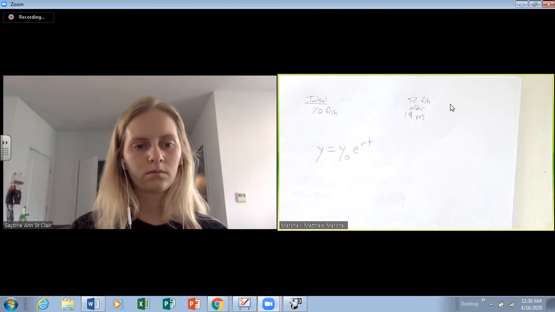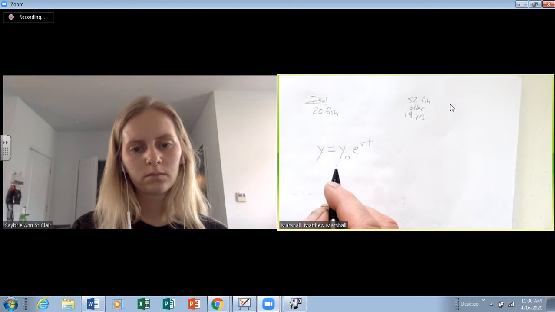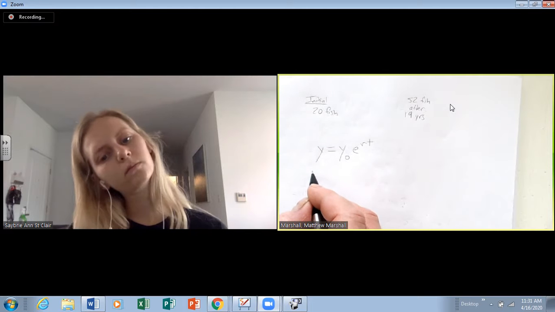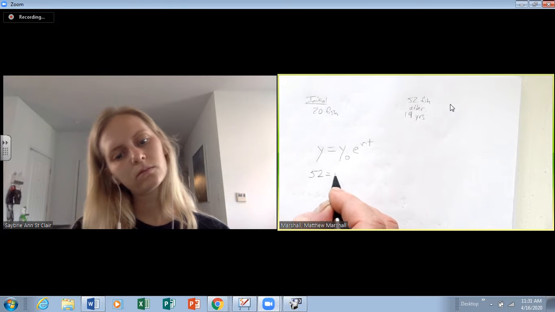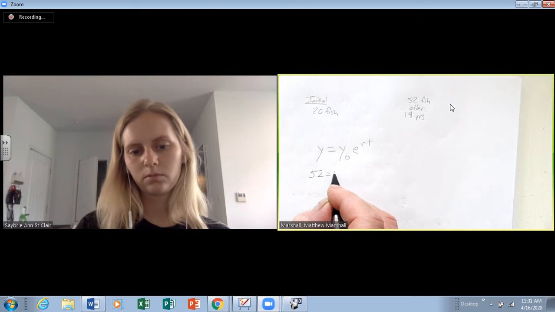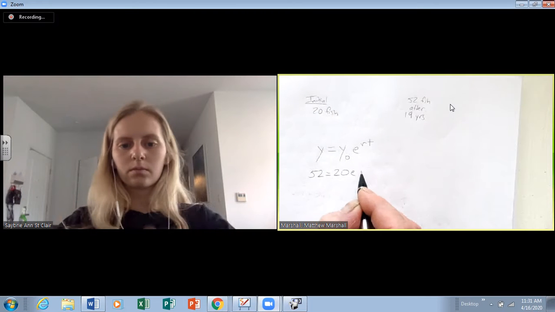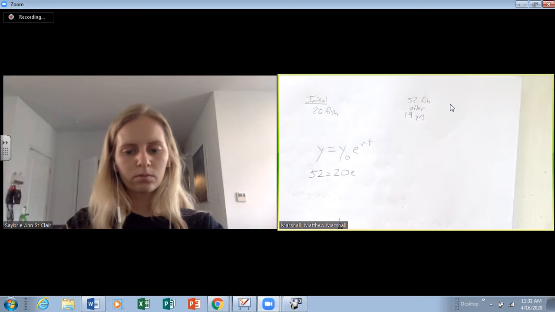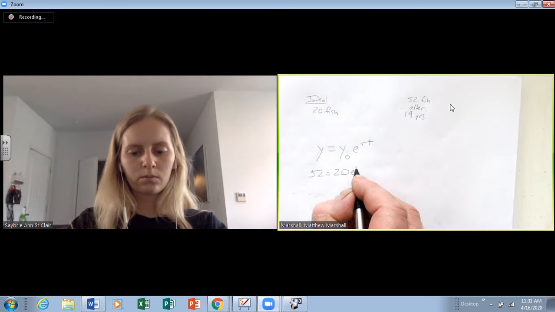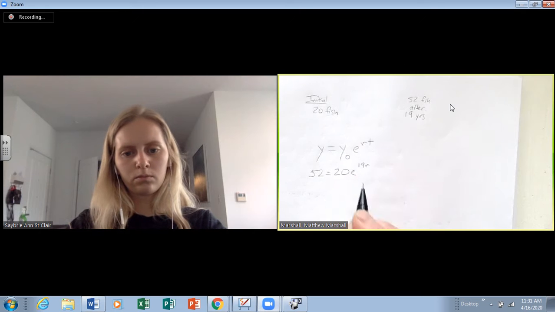Let's take a look at this. So I have y0 is going to be 52, I think, because that's not the initial. The initial is 20. So that number goes right here. I have e, and then r, t, I got 19 for t, so this is going to be written as 19r. Do you see that?